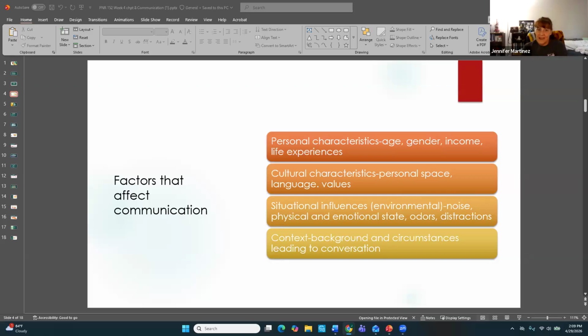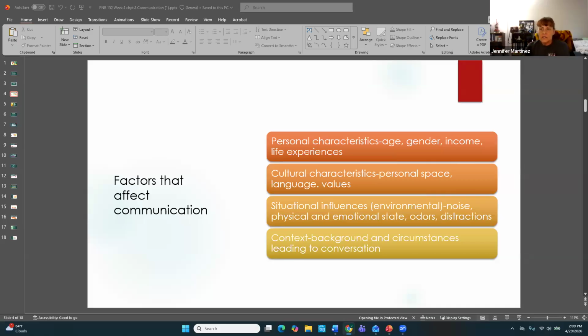Odors. Walk into a patient's room and there are strong odors, that can be distracting, not just for you, but maybe for the client as well. And then distractions, people coming in and out of the area, interruptions. And then, I'm not sure who said it, but the circumstances leading to the conversation.